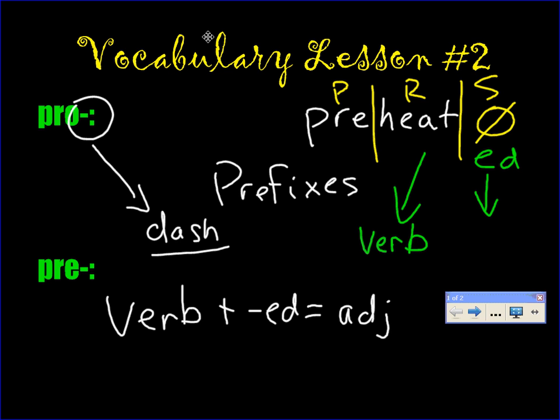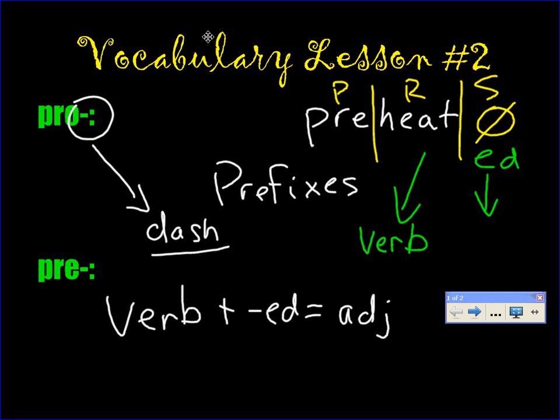Let's take an example. Paper. What did I just do? So my verb is rip. My verb is rip. Now, Mia, what will I call this paper? How will I describe it? A ripped paper. Excellent.